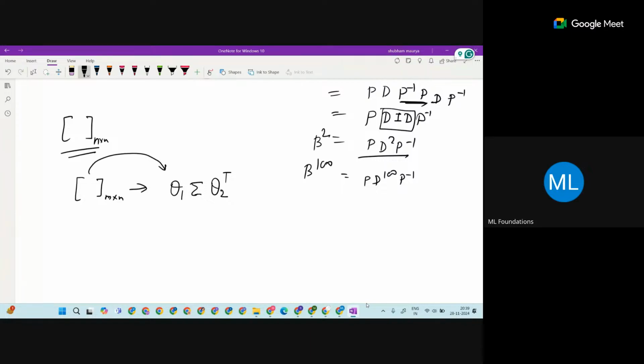You can confirm that. Is this correct? Transpose? Yes, sir, there is a transpose. Okay. So this sigma is going to be of the same order, m cross n. This q1 is going to be m cross m, and this q2 is going to be n cross n.